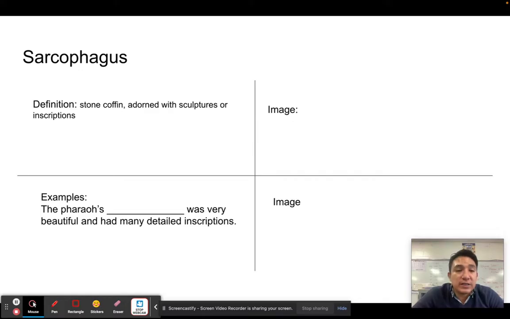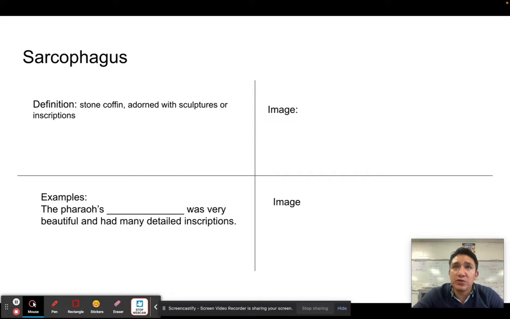Our next definition is sarcophagus. The definition is a stone coffin adorned with sculptures or inscriptions. So whenever they buried a pharaoh, they would inscribe spells, incantations onto the sarcophagus using hieroglyphics, images that mean words. And a lot of times they also had curses on there to prevent people from stealing or breaking into their coffins.